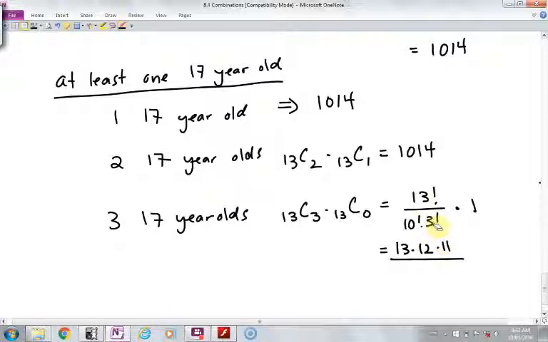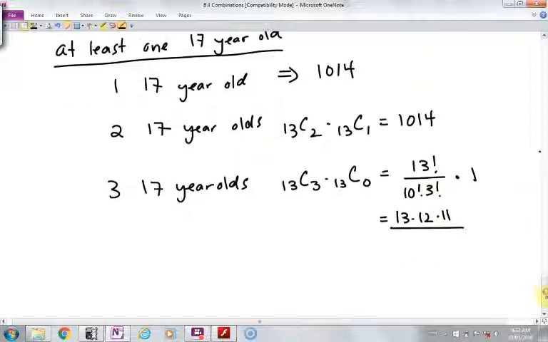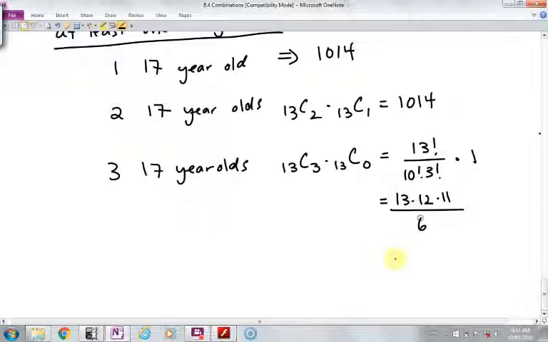Now I'm going to divide by 3 factorial. 3 factorial is 6. So that divides to become 2. So I want 13 times 22 in my calculator. What's 13 times 22? 286?